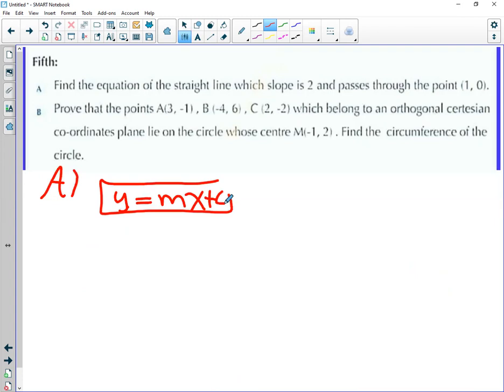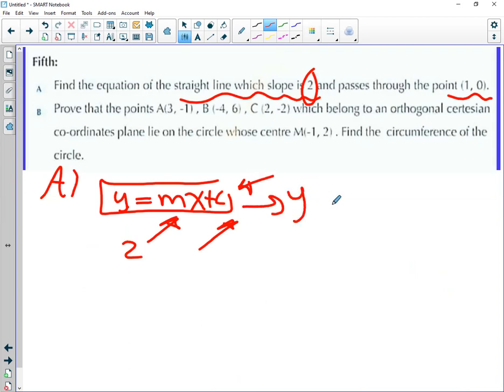Okay, now to get the equation we must find the values of m and c. Since the slope equals 2 and the line passes through the point (1, 0), m means slope, 2. So the equation is y equals 2x plus c.